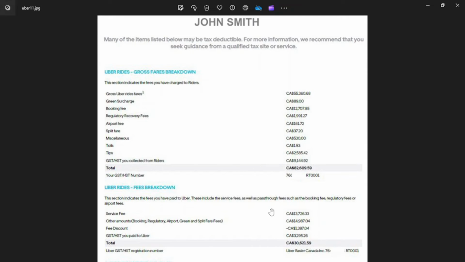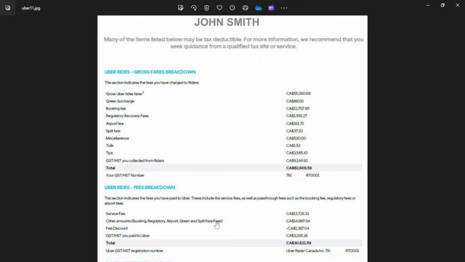Uber is going to deduct this amount from your earnings. And obviously, this is an expense for you. As a driver, you're going to put that amount in your tax return as an expense. Other amounts: booking, regulatory, airport, green, and split fare fees.